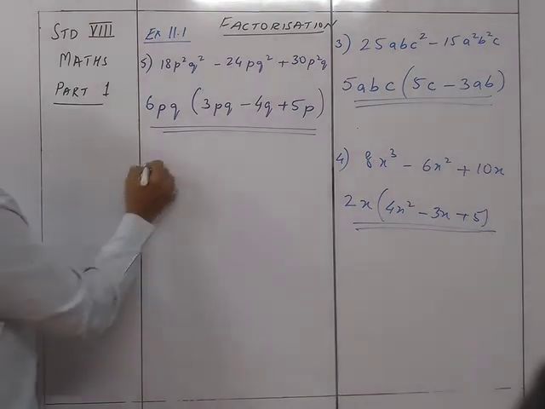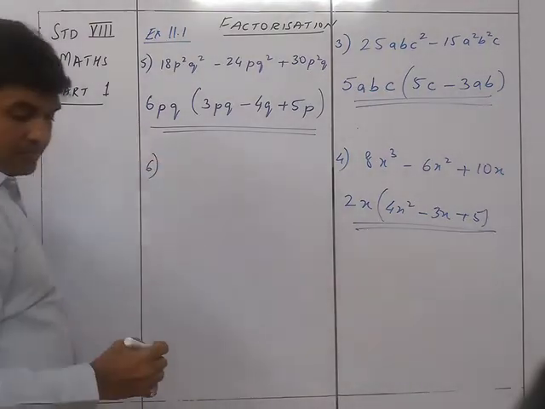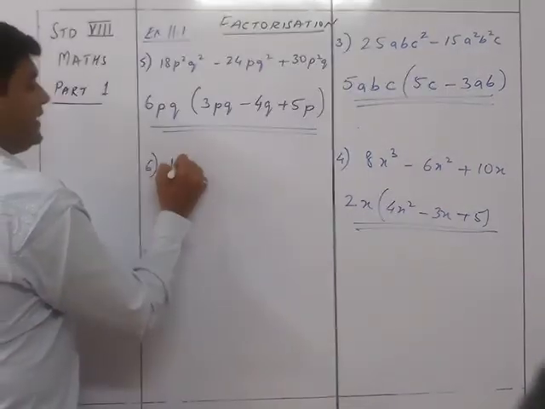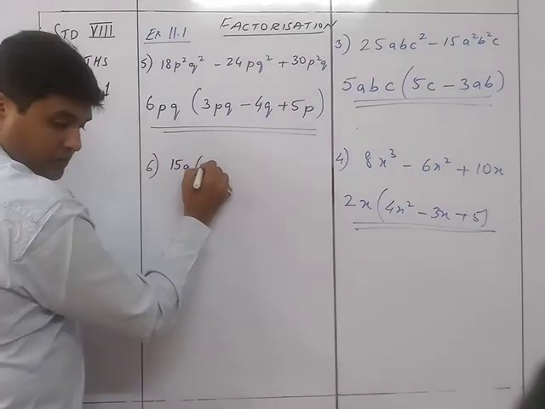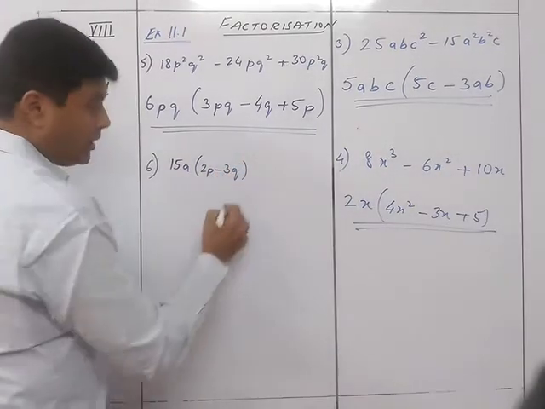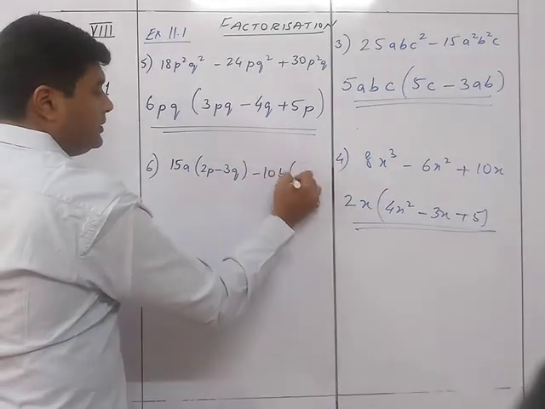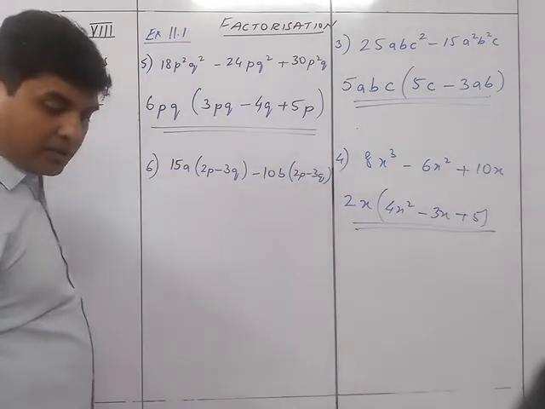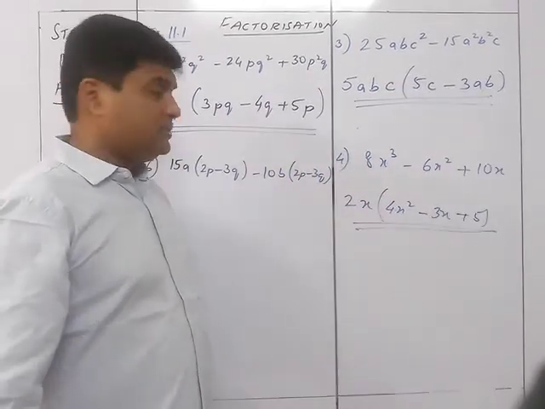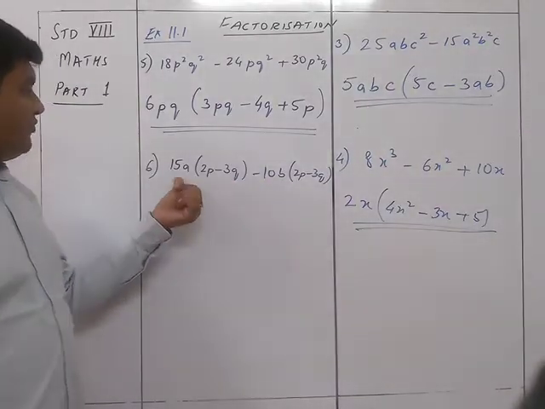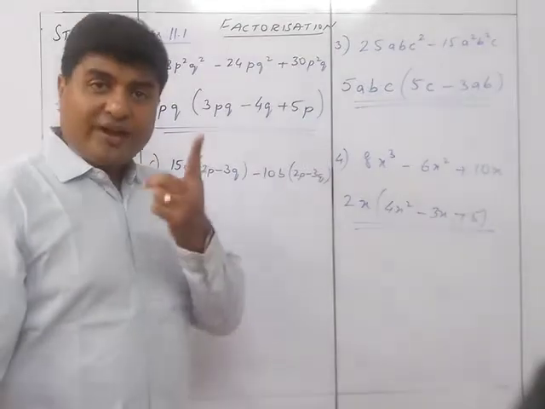Sum number 6. 15a bracket 2p minus 3q minus 10b bracket 2p minus 3q. Now you can see over here that between this term and this term, 15 and 10, what is common? 5 is common.